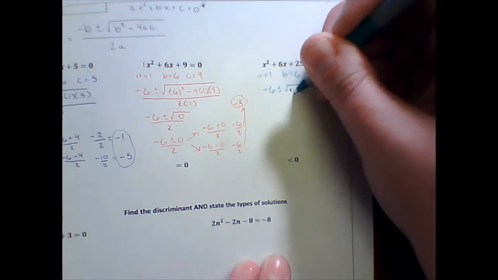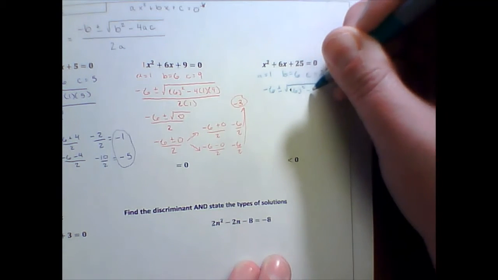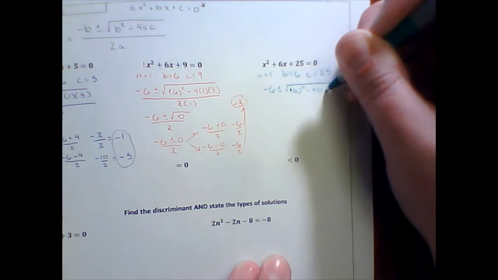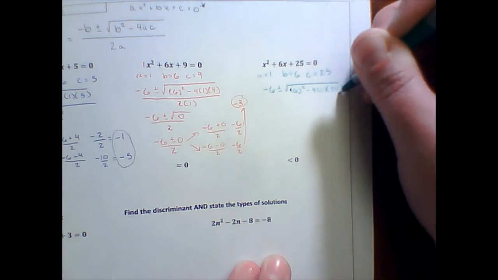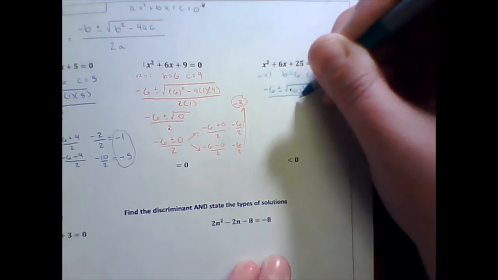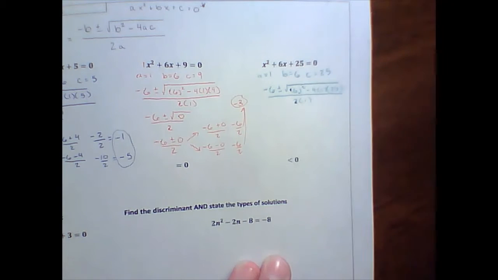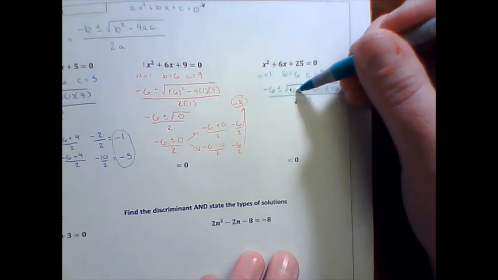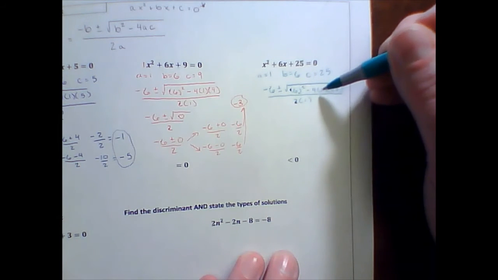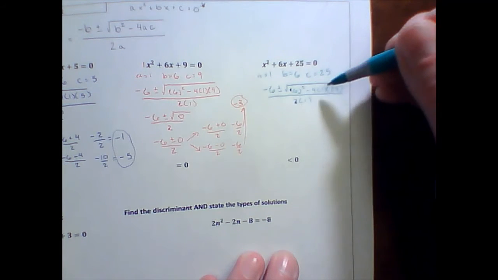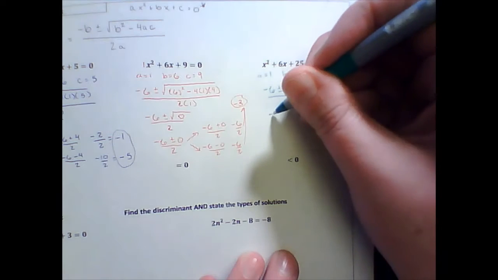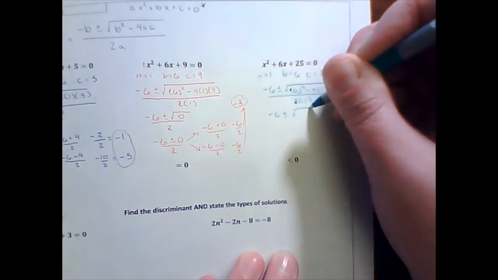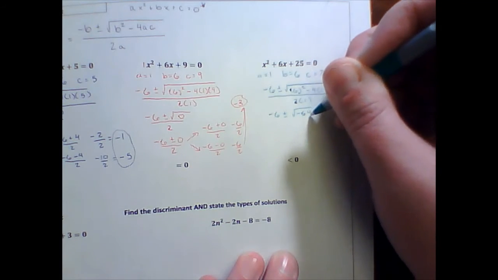There's that 6 squared. Minus 4 times 1 times 25. The 1 is the a, the 25 is the c. All over 2 times 1, 2 times a. We have 36 minus 100 this time. 4 times 1 times 25 is 100. So that gives us, under the radical, a negative 64.